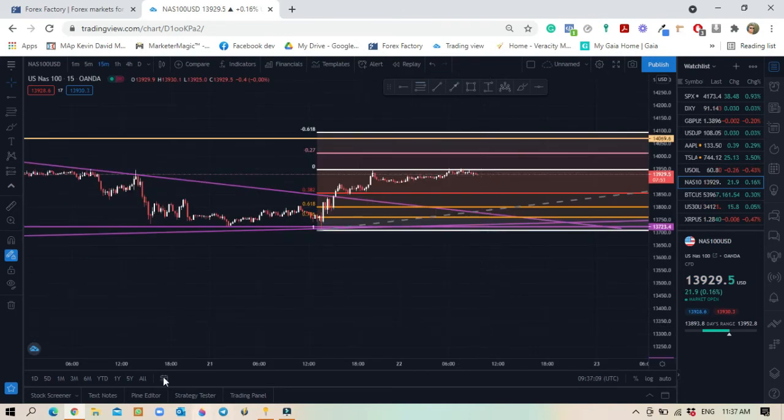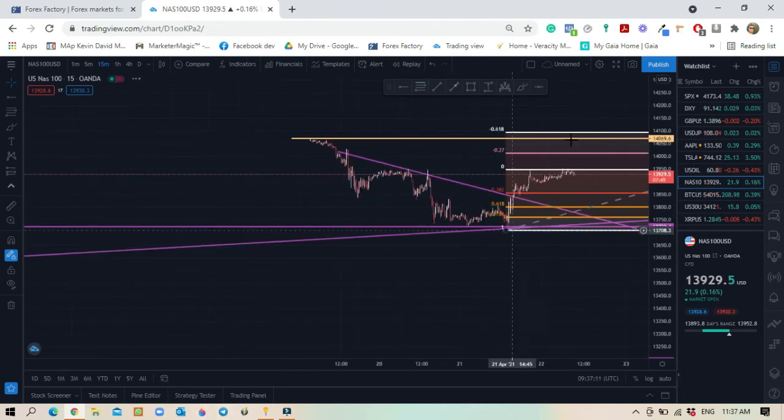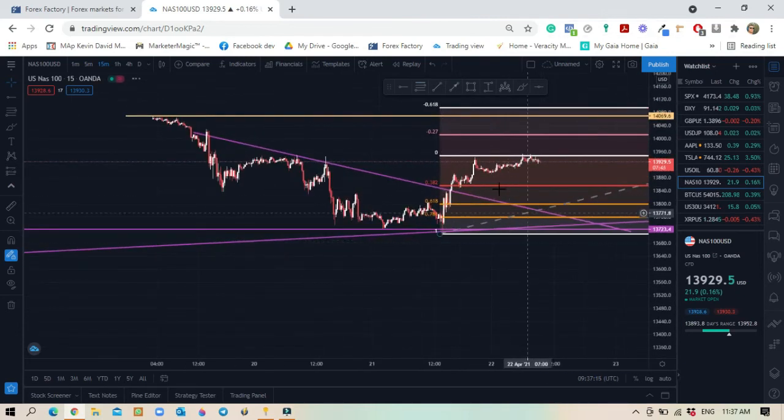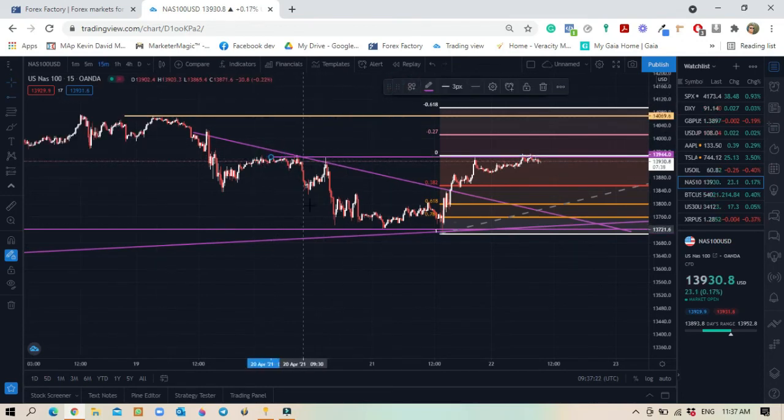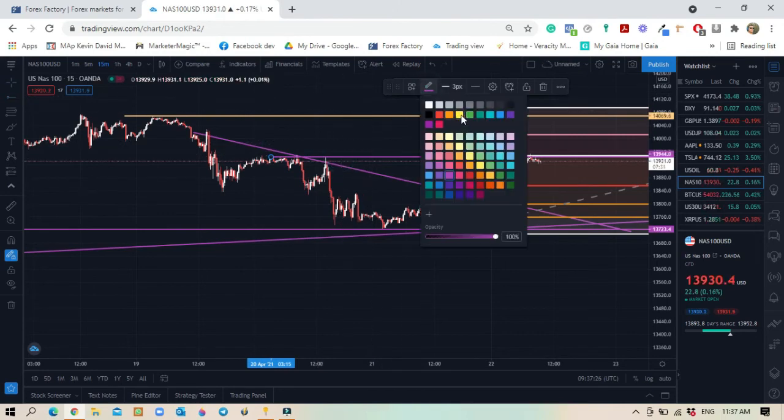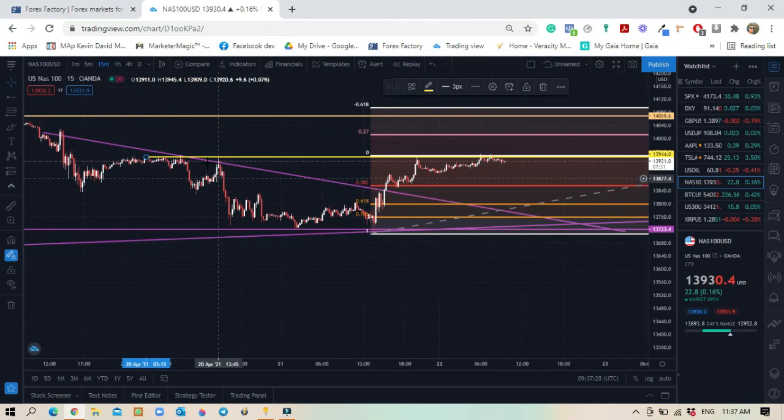Okay guys, so now that we're in the 15, you can start to depict what is actually going to happen. So we have a consolidation over here. This is a minor resistance, as you can see. Let me put this in different colors so you can see this. There we go.